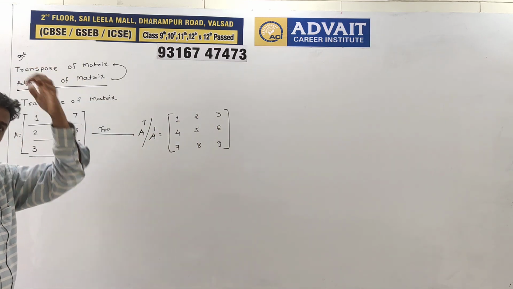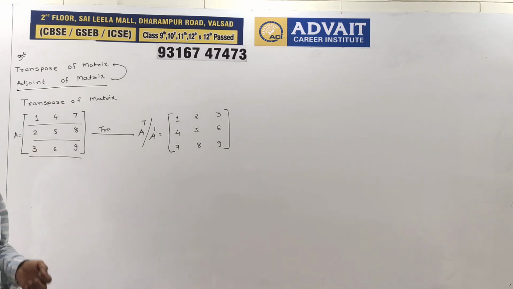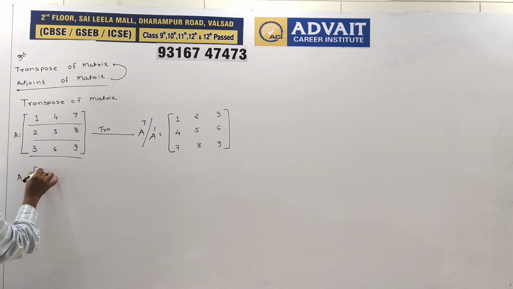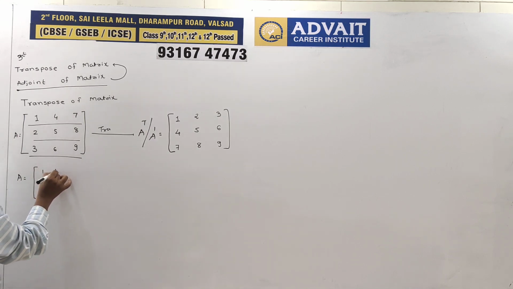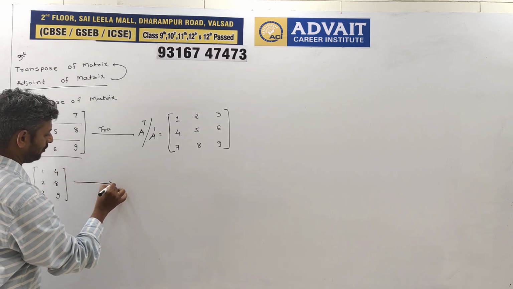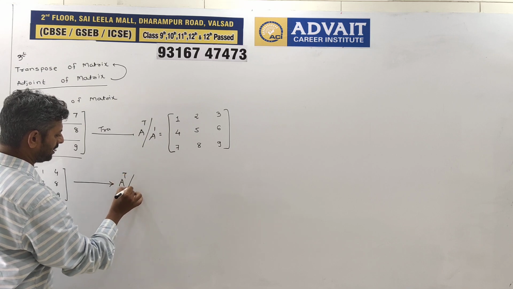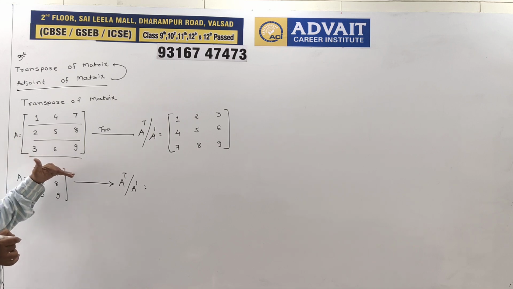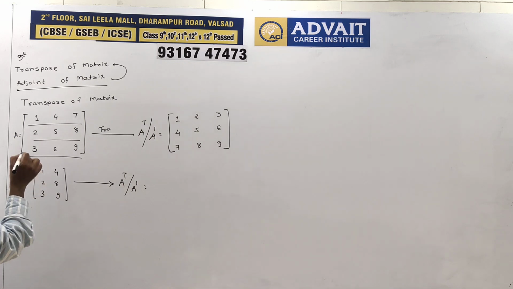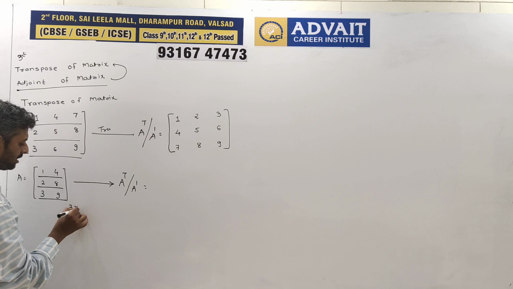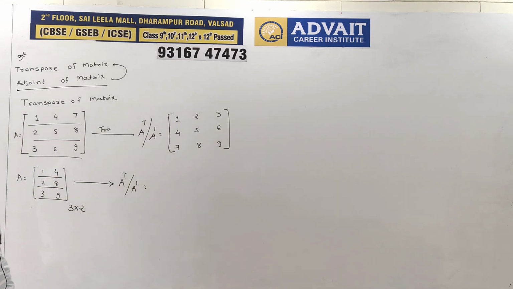In the transpose of a matrix, if the matrix is square, then there is no problem. But suppose it is like this: 1, 2, 3, 4, 8, 9. Even here, if you want to write the transpose, rows are converted into columns and columns are converted into rows. This matrix has 3 rows, so it is called a 3 by 2 matrix.